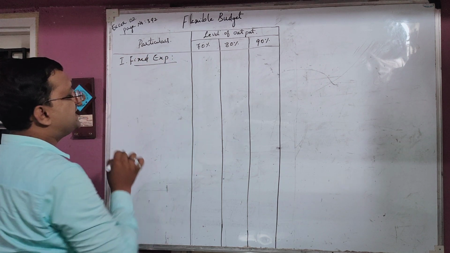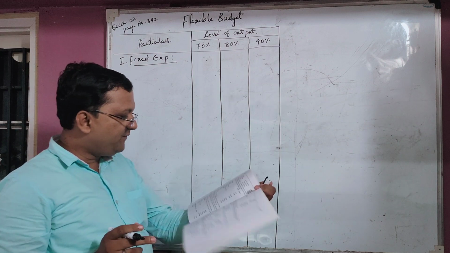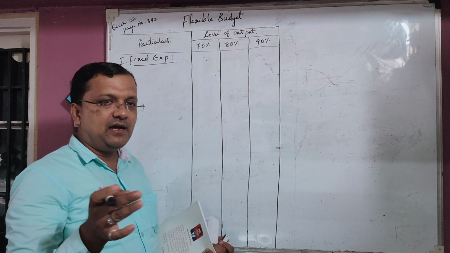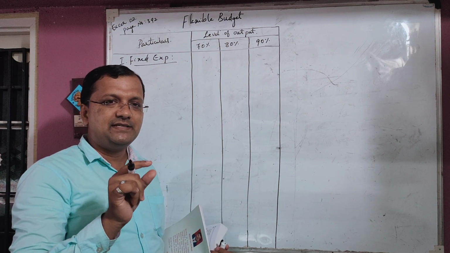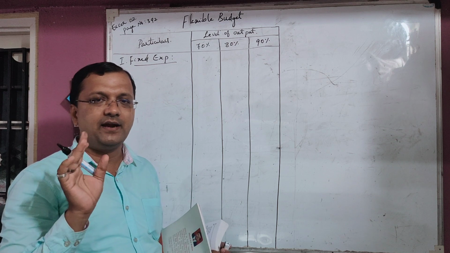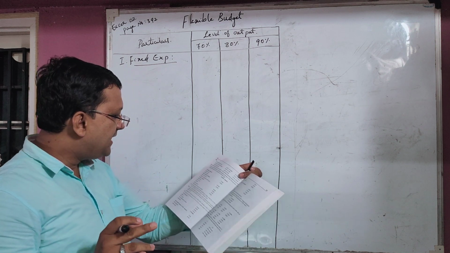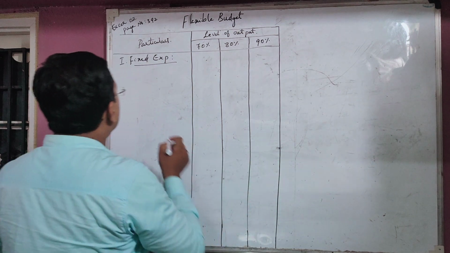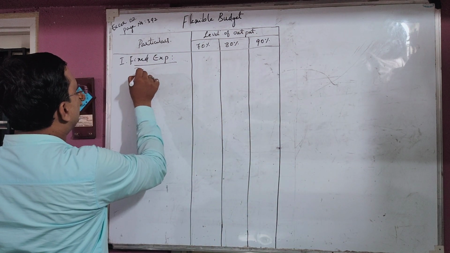In fixed expenditure, according to the given data, first is depreciation. We have already discussed that fixed expenditure remains constant irrespective of the level of capacity, either 70, 80 or 100, whatever it may be. Depreciation is 60,000, for all it is 60,000.